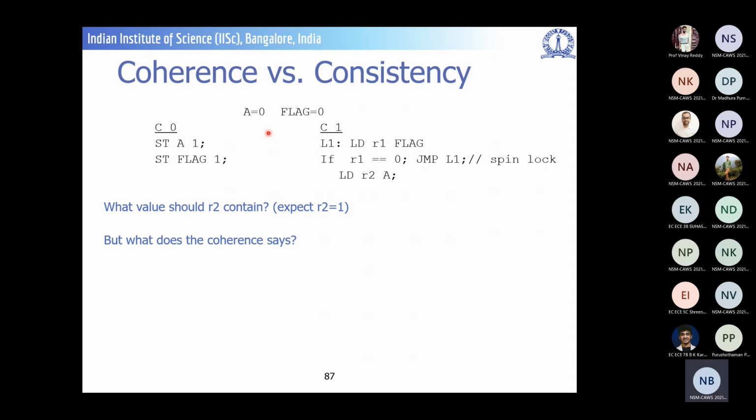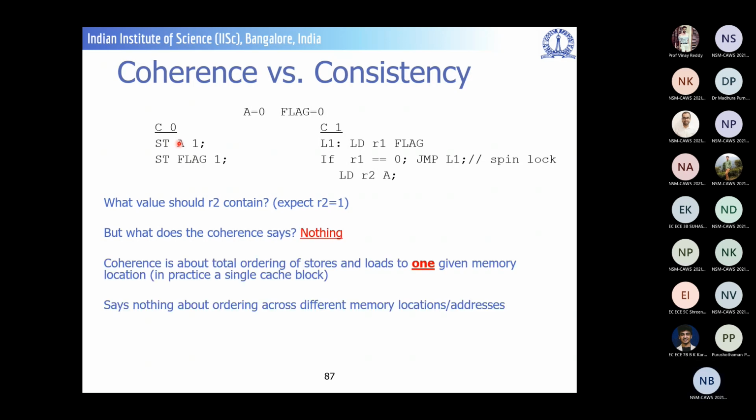What cache coherence tells you is that for a given address, you would get the up-to-date value, the latest value. It doesn't say anything about when different addresses are involved and which one should become visible before the other. Here A and flag, these two are different addresses.